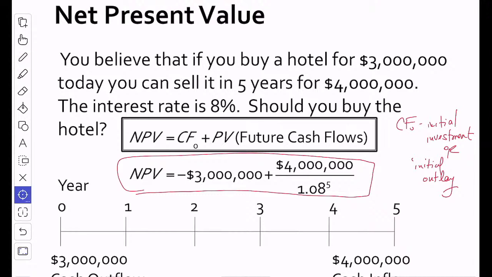And this is the present value of future cash flows. So that's the formula I want to see, and then just your answer.